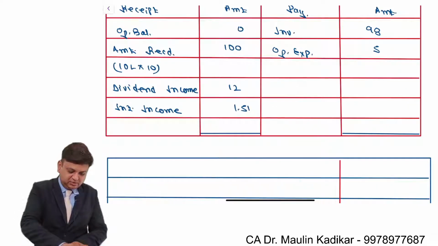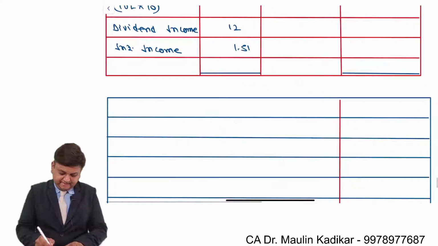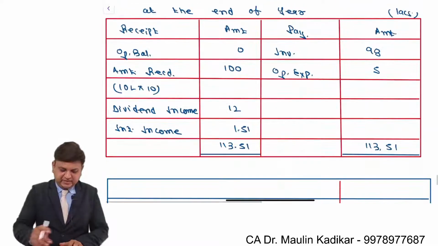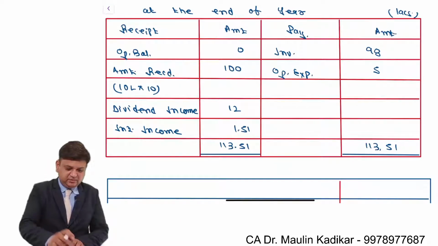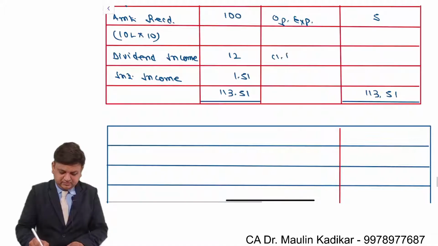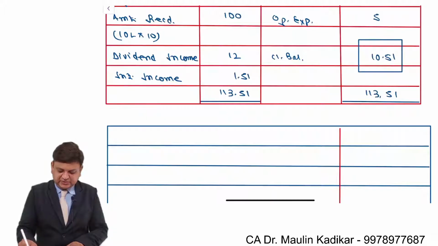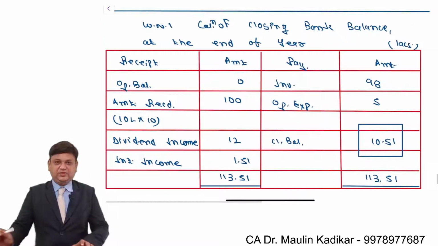So use your calculator. 100 plus 12 plus 1.51, that is 113.51. Minus 98 minus 5. So the closing cash balance is 10.51. That is the way the cash balance is required to be calculated first of all.